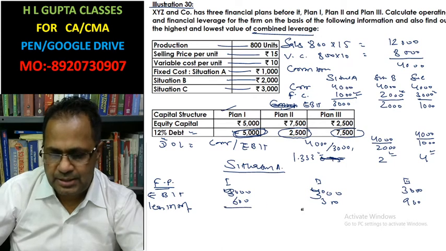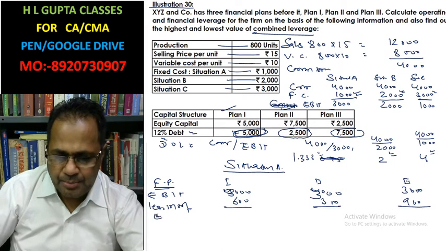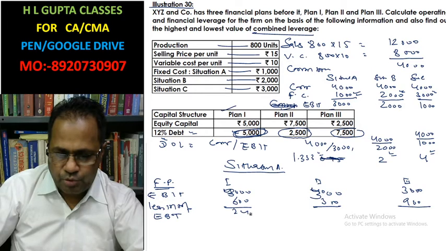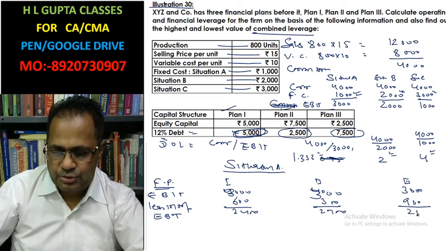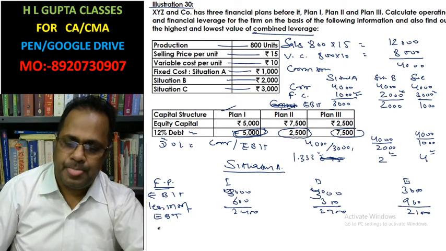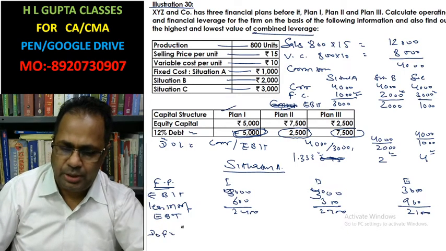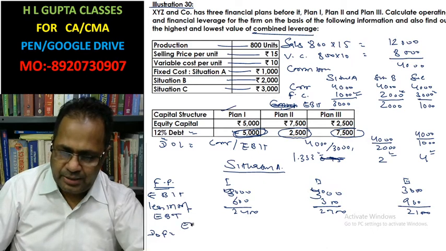Then in this case, what will be the EBT? EBT is 2,400, 2,700, 2,100. Now the degree of financial leverage you can calculate as EBIT upon EBT.